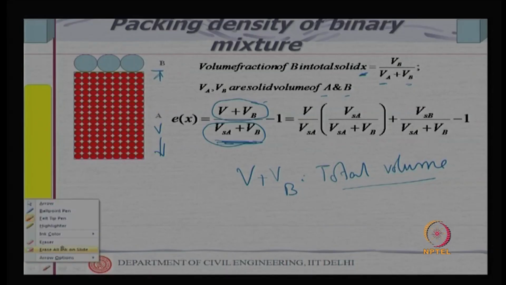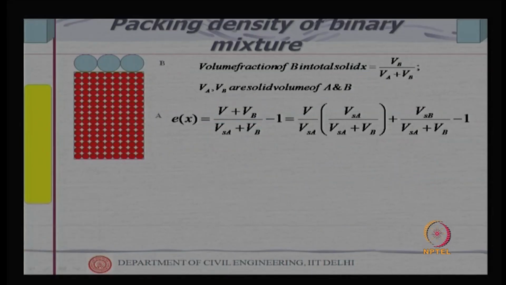So my void ratio by definition would be V plus VB over VSA plus VB, minus 1, and I can write it like this: V by VSA. I am separating out two components, because V can be written as VSA plus VB.